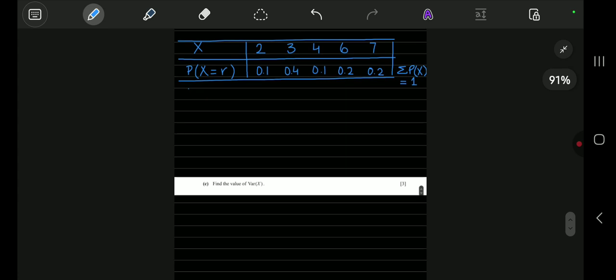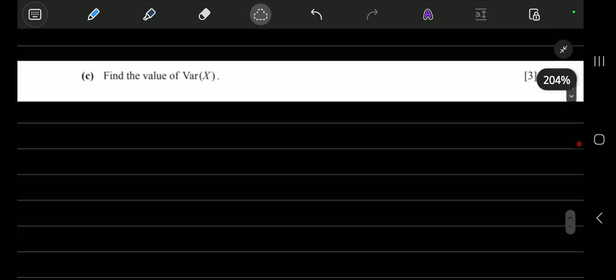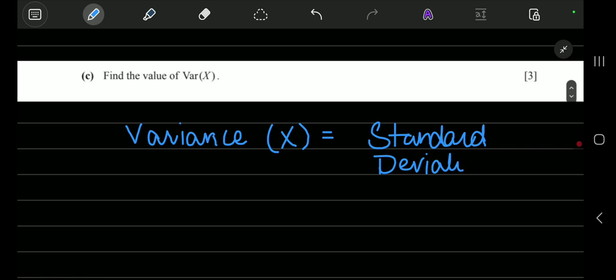Okay, now look at part C. Part C says find the value of variance of x. So we know the variance of x formula is equal to the square of the standard deviation. And what is the standard deviation?